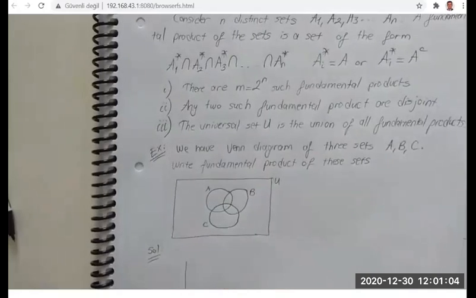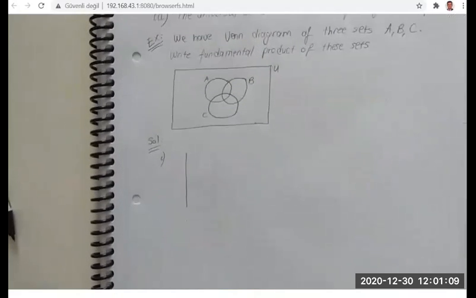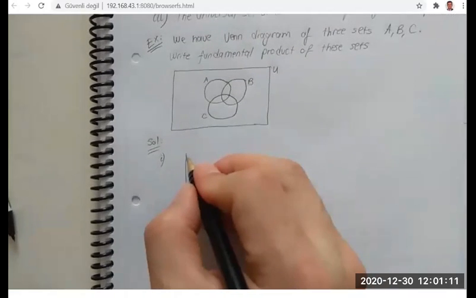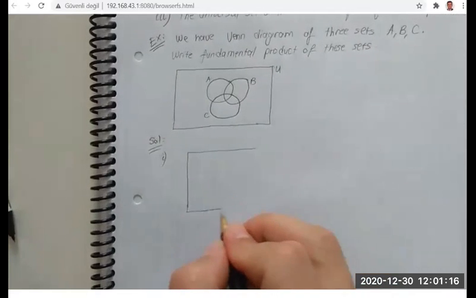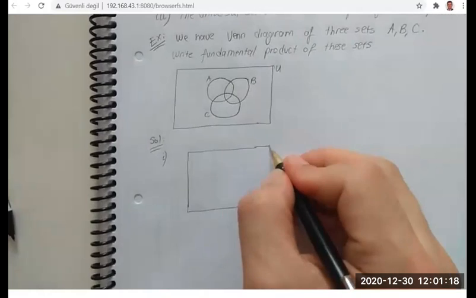The first way is to write in universal form, like that.